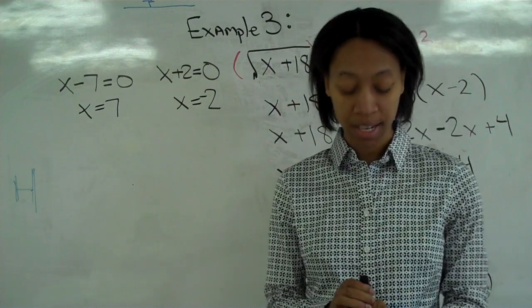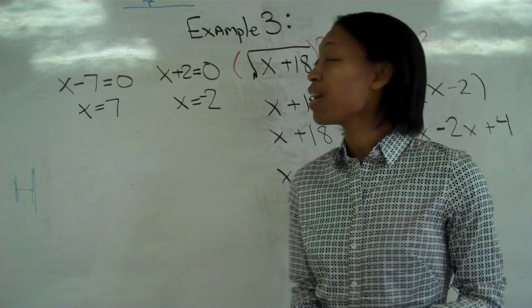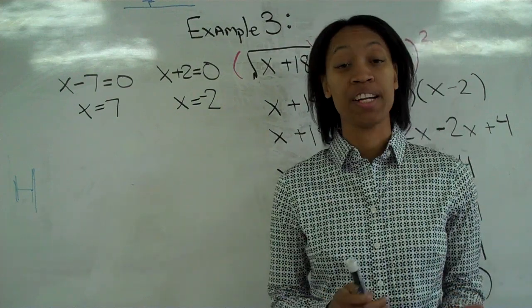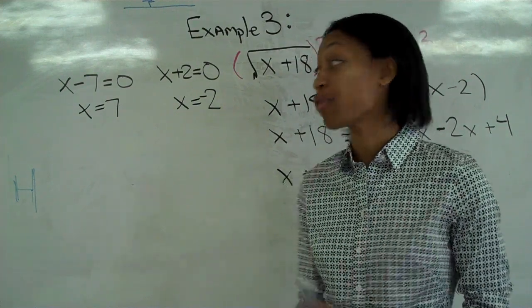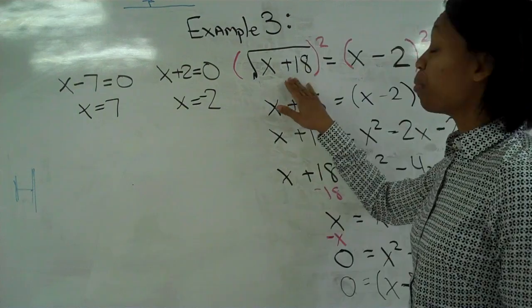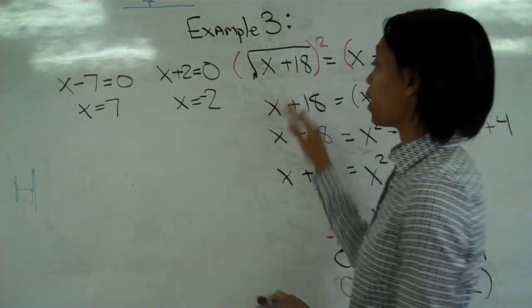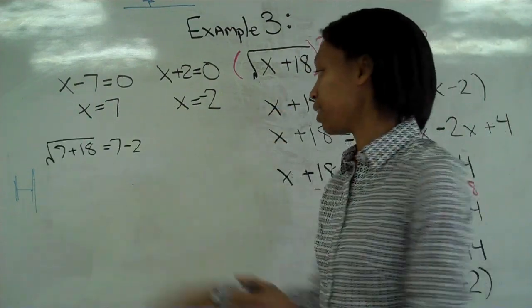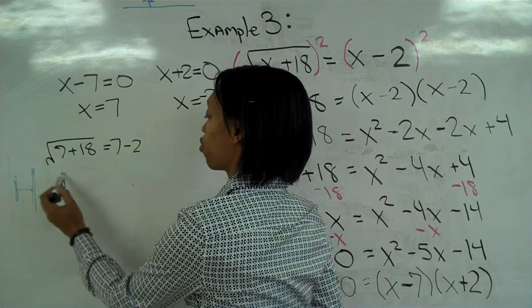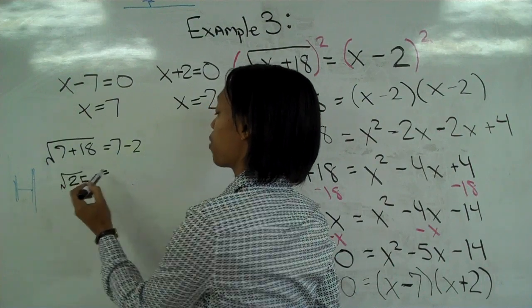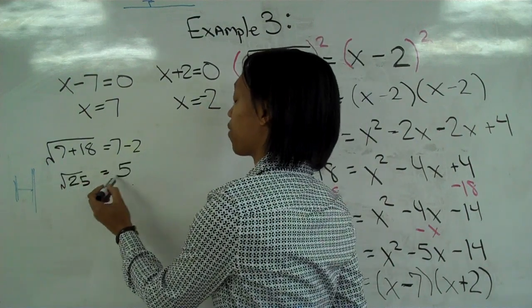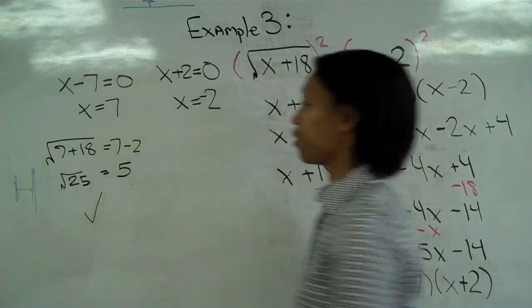Now, because we have these square roots, we need to go back and check our answers, plug them in, to make sure that none of our answers are extraneous. If I plug in 7 into my original equation, I would have 7 plus 18, that's square root of 25, and the square root of 25 does in fact equal 5, so 7 is a solution.